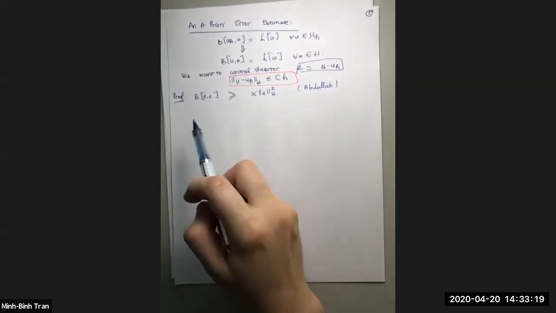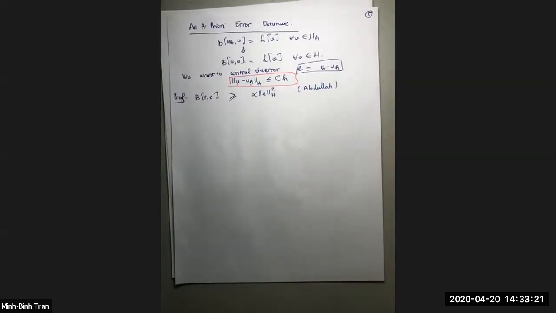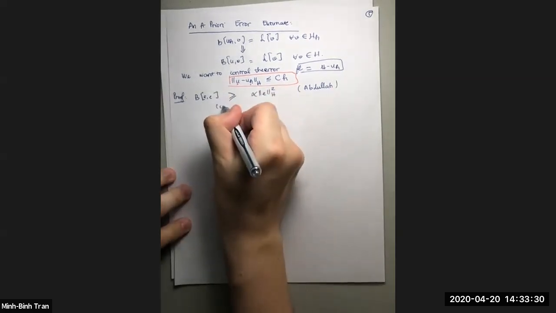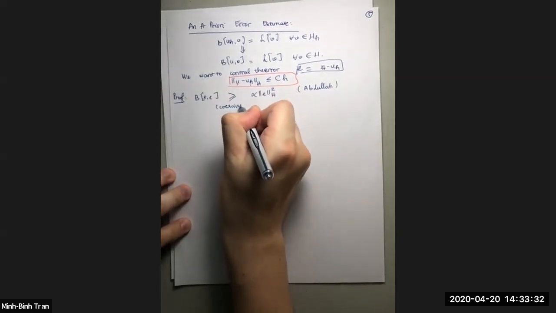So we know that BE is bounded from below by alpha E square. So this is the so-called coercivity, right?